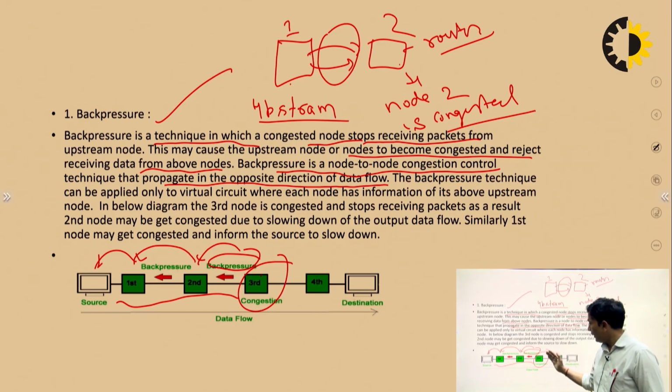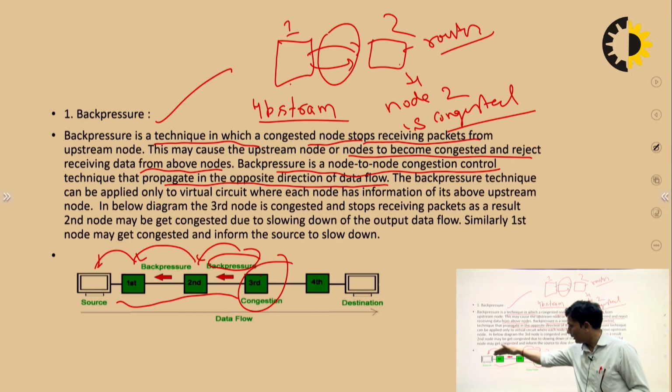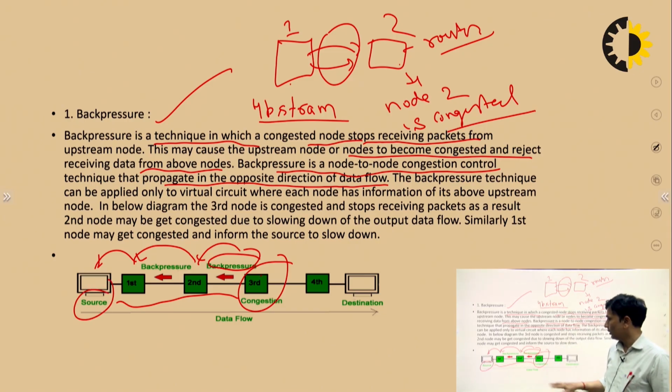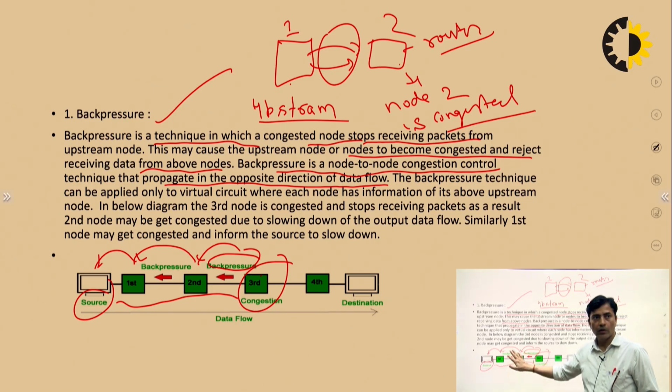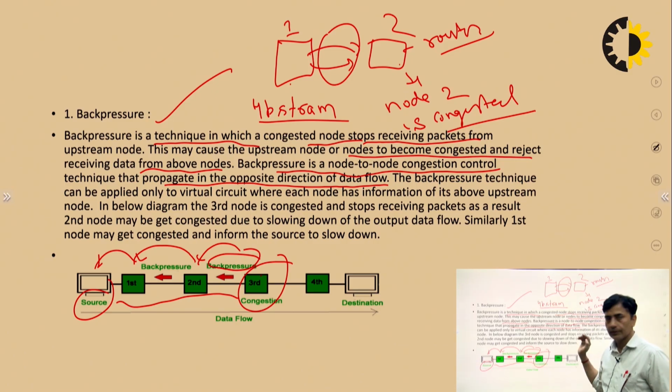So when this back pressure is finally received by the source, the source comes to know that the third node is not in a position to receive the data, that it is congested. So the source unnecessarily does not send any packet on this path to the third node. Okay, so this is the case.